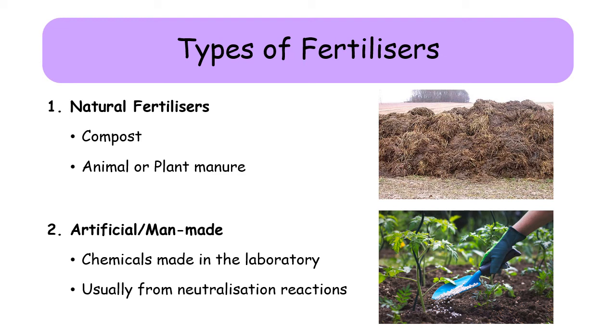It doesn't really smell that nice, but you need to leave it a while. It'll start to decay, and then you can mix that in with your soil and it will act as a fertilizer. Alternatively, you can use animal or plant manure, so that means waste, that you can put into the soil.